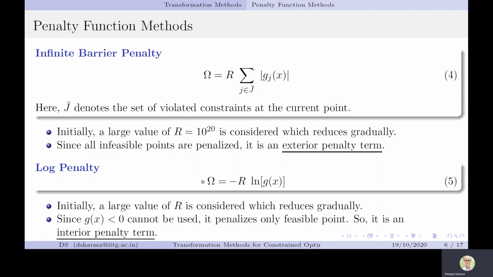So this means that this particular penalty term is only applicable for feasible points. So therefore, we can say that the log penalty is an interior penalty term. Now in this case, we generally take a value of r very large, and then we keep on reducing this value gradually.